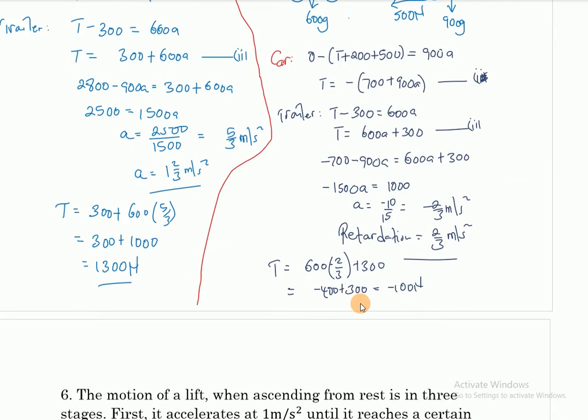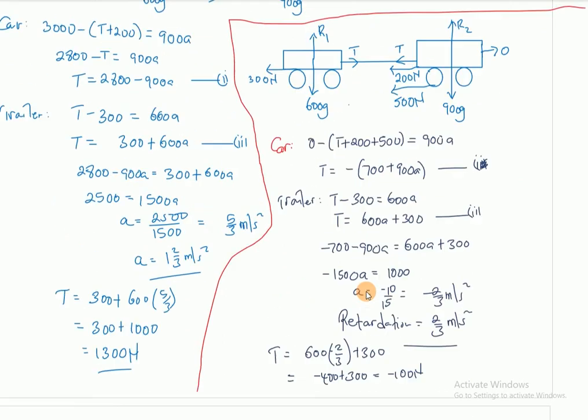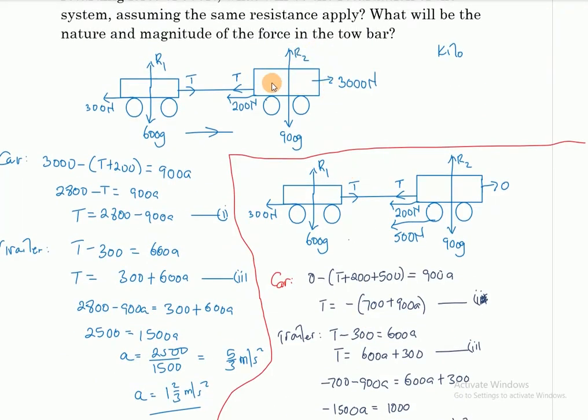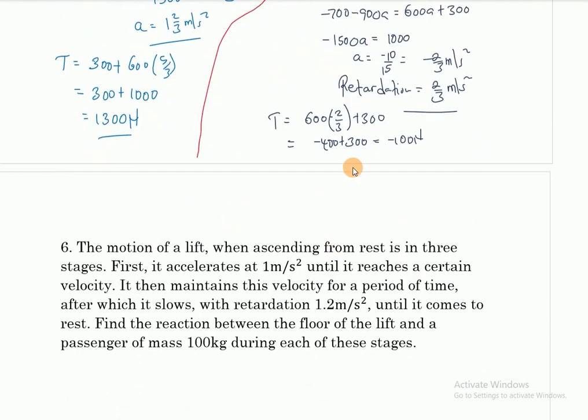So this one is no longer just a tension. This force is not a tensile force. Once the car applies the brakes, this force is not going to be tensile, because there is some compression. The car is going to get closer to the trailer, and there will be some thrust.